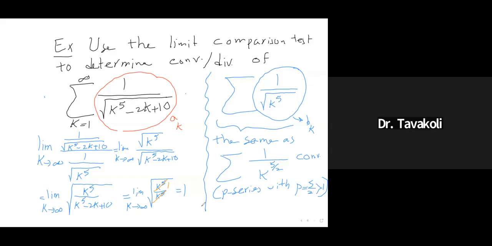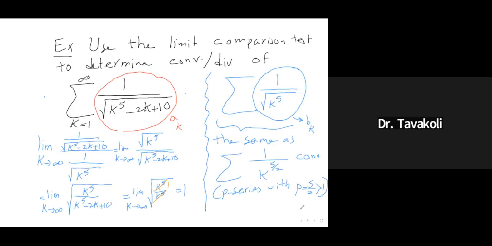Therefore, by the limit comparison test, this series is also convergent. The series that I compared limit-wise with, sigma of 1 over the radical of k to the 5, is convergent because it's a p-series with p more than 1. Therefore, this series is also convergent. So let me write the conclusion on the next page.